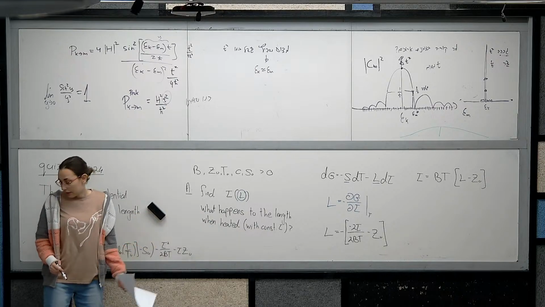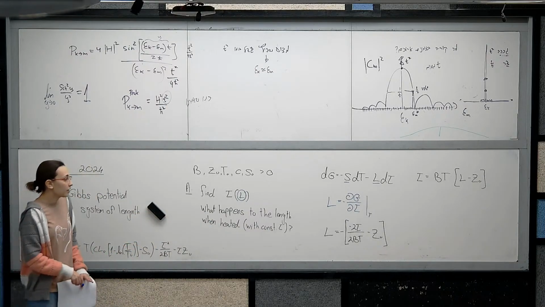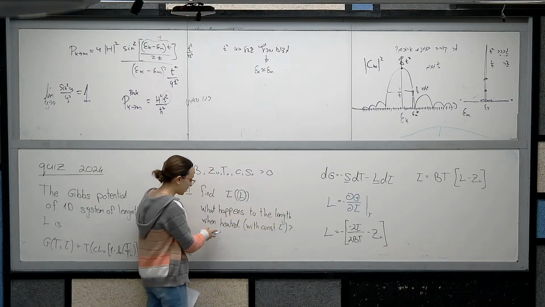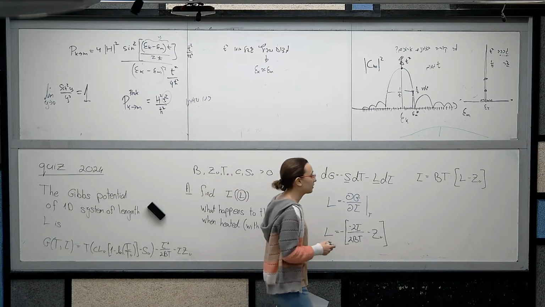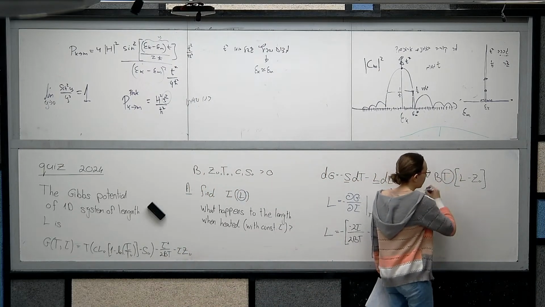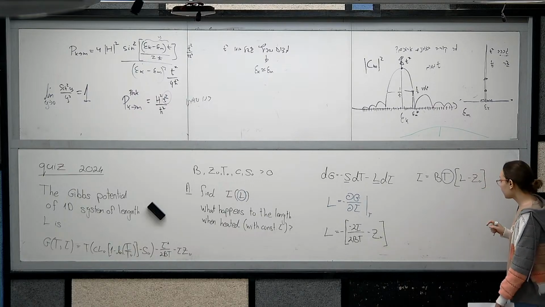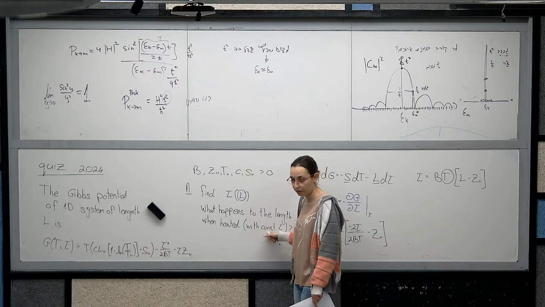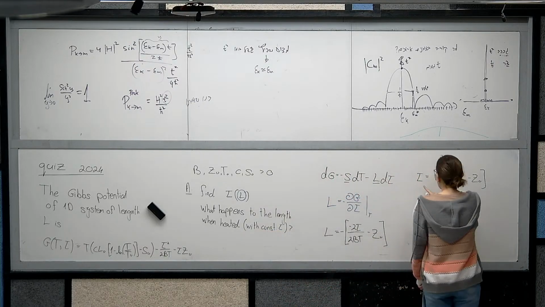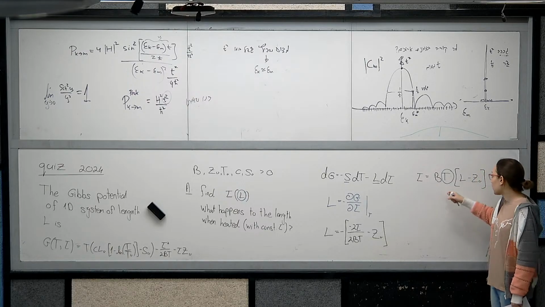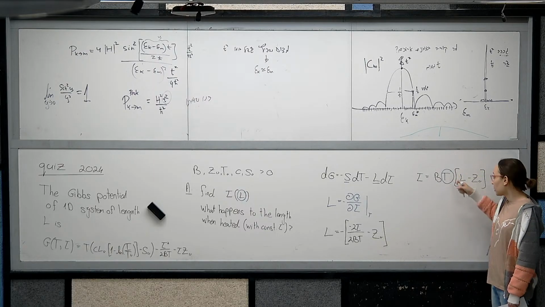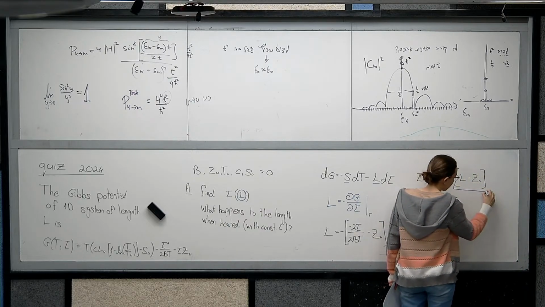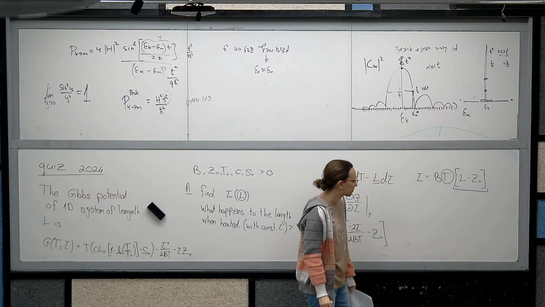Okay, so we have the tension as function of the length, and now we want to see what happens to the length, to L, when the system is heated, when T is getting bigger, and we want to keep constant tension. So if the tension is constant, and T is getting bigger, then this size has to decrease.